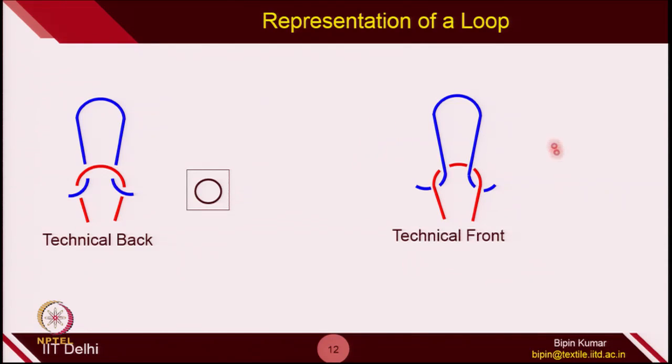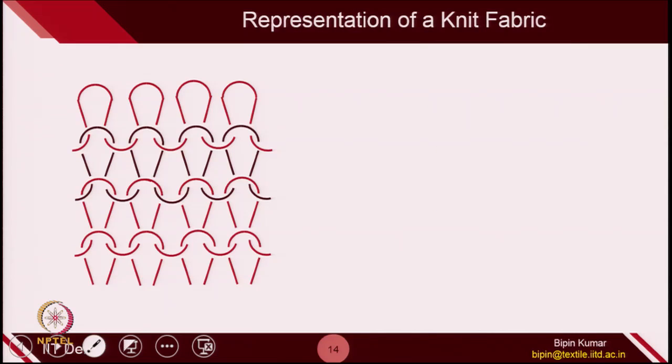On the right side, we have the other option where the loop comes towards the front side of the bottom loop. We call this loop technical front and we represent this loop by a cross. So, instead of drawing the loops, we can simply denote 0 and x.